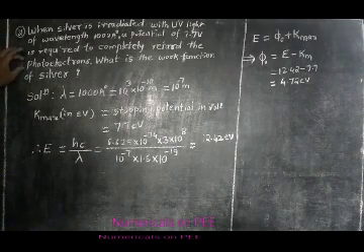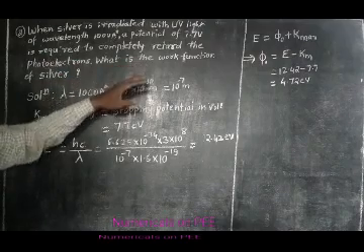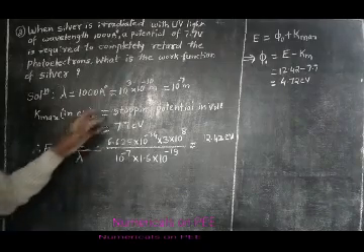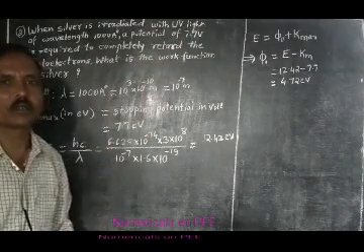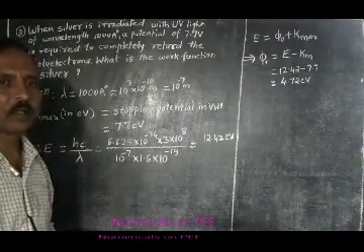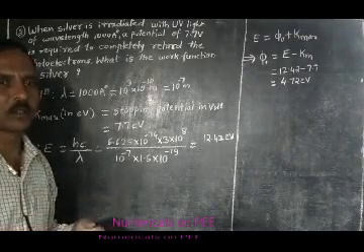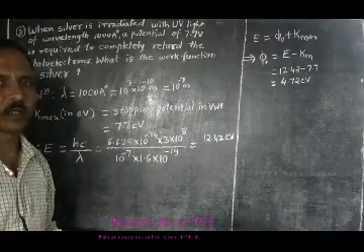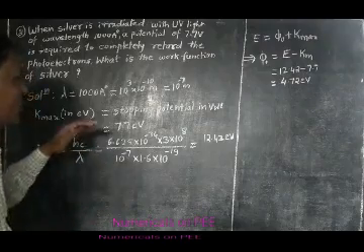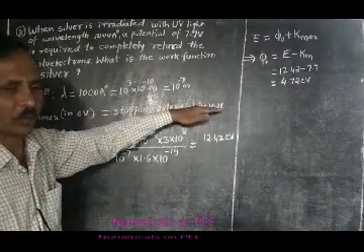Retard the photoelectrons. What is the work function of silver? Here stopping potential is given, that is 7.7 volt, and we know that the maximum kinetic energy of emitted photoelectron in electron volt is equal to stopping potential in volt.